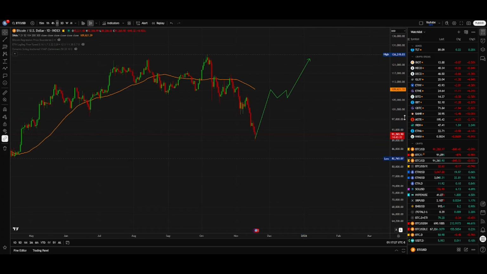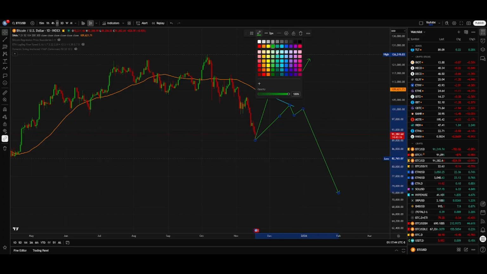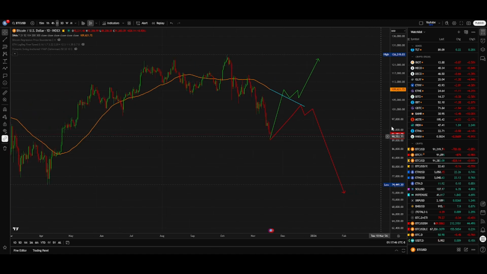That's the bull case, right? You want to come to this 52-week SMA, and you basically want to just bounce off it and make a new all-time high. You don't want to be trapped under that. The bear case is you come up and touch it, and you get rejected right off of it. That's the bear case.